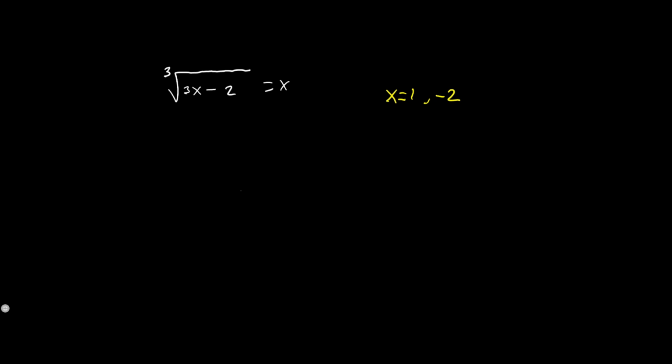So here we are going to verify 1 first. So the cube root of 3 minus 2, which is 1, is equal to 1. So we see that the cube root of 1 is indeed equal to 1, so x is equal to 1.